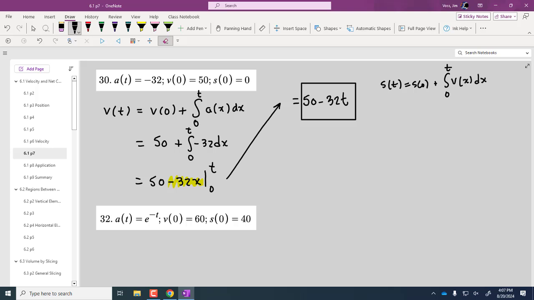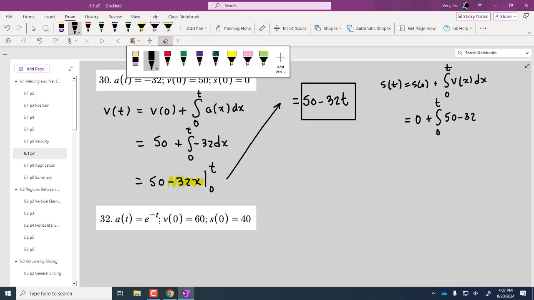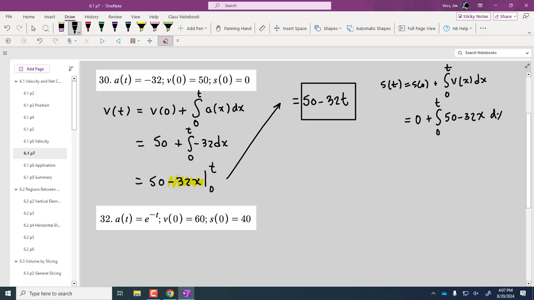Starting position is the origin, it's 0. So we're going to end up with this as our integral. So now we have our velocity function right there. 50 minus 32t. Oops, let's use an x. So we've got that.